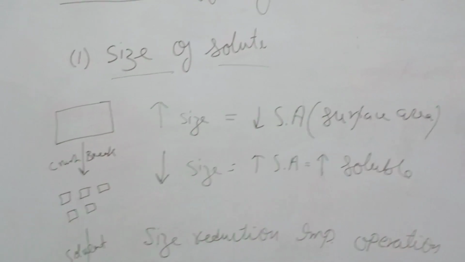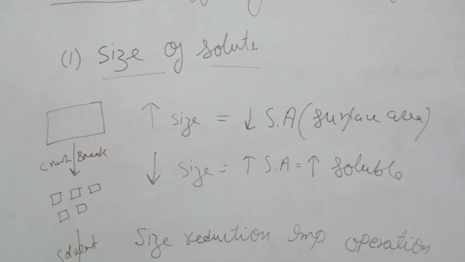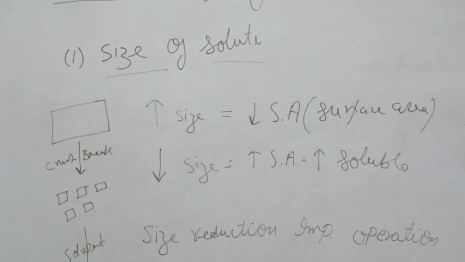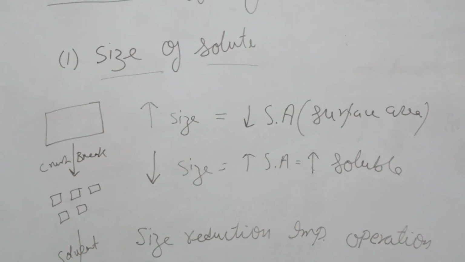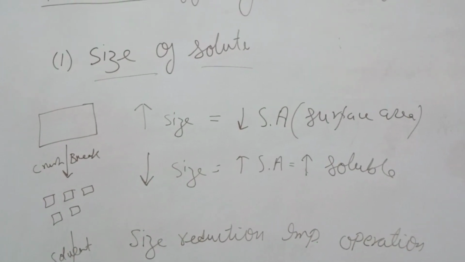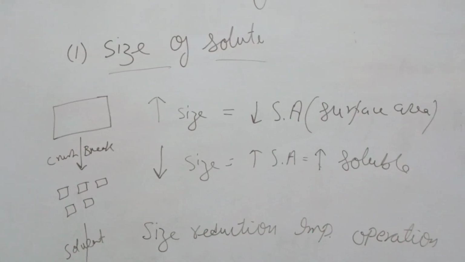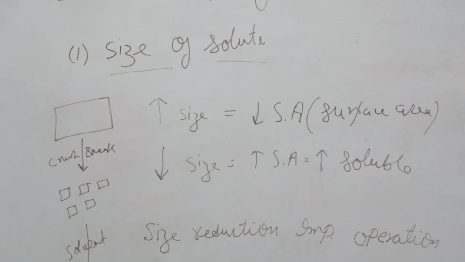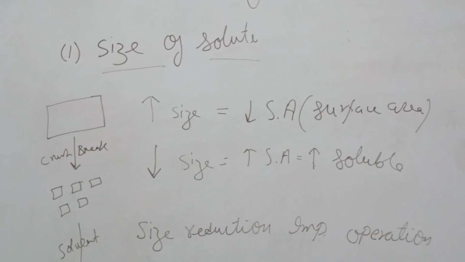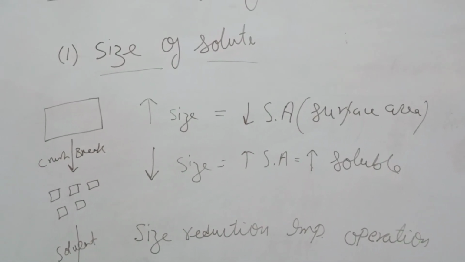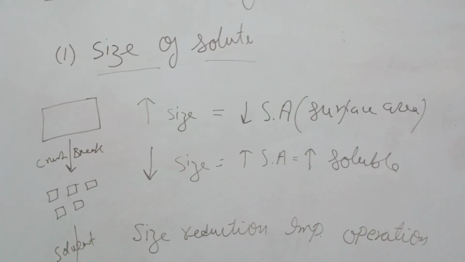So anyhow, if the size of solute is big, or it is large in size, such solute which is large in size has a very small or less surface area.